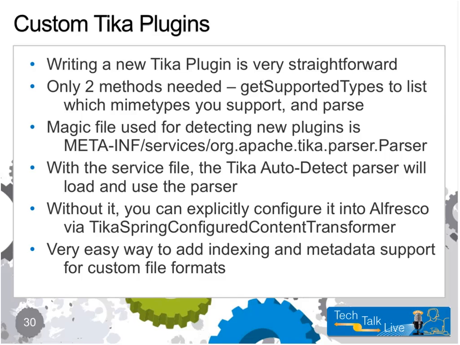And with that, just give it the name of the Tika parser you've got. It will then wrap that up in an explicit transformer or an explicit metadata extractor. And then if it was a metadata extractor, you can then define the properties that do the mapping.